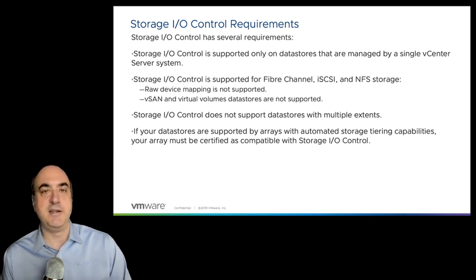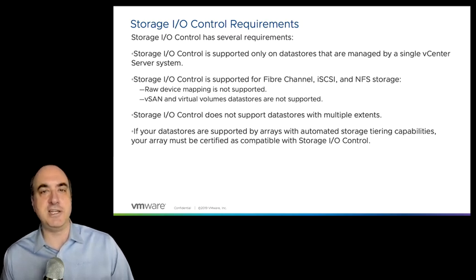Basically, when you have an auto-tiered storage array, there can be a LUN that gets created on that array that's backed by a whole set of different kinds of disks. The array can determine which type of disk the IO should be placed on, based on the IO patterns. So if you have busy VMs, they might get put on the faster disks. Less busy VMs might be placed on slower disks or something like that. That would skew what storage IO control is trying to achieve.